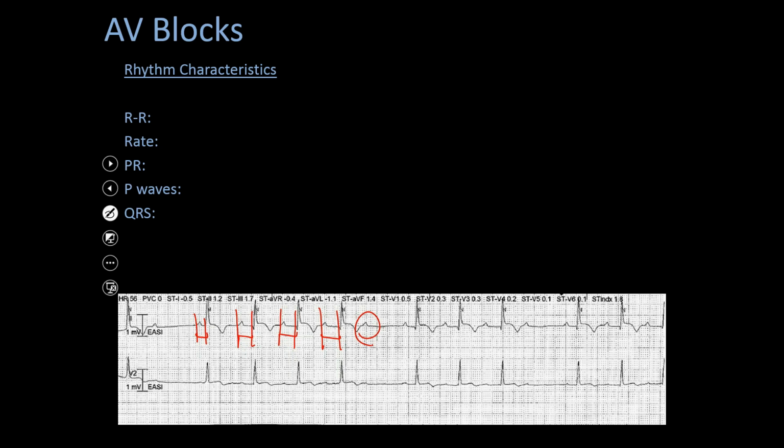And the process starts again until it gets completely blocked. So the PR is elongating, and then the impulse gets completely blocked through the AV node. So this is an example of second-degree AV block type 1. And we can see also that the R to R's are regular, so we're not confusing this with a third degree with a junctional escape rhythm.